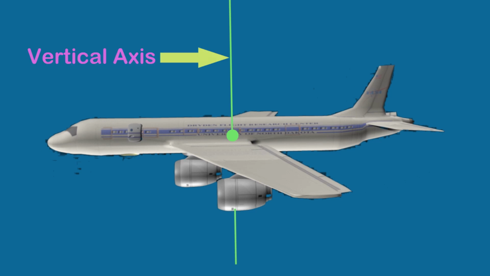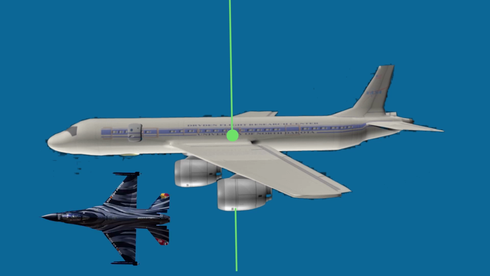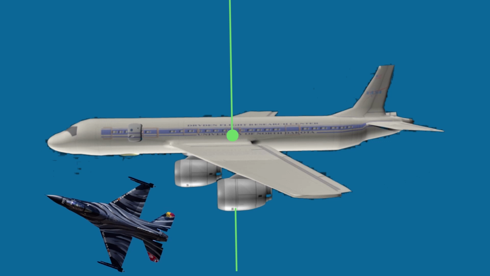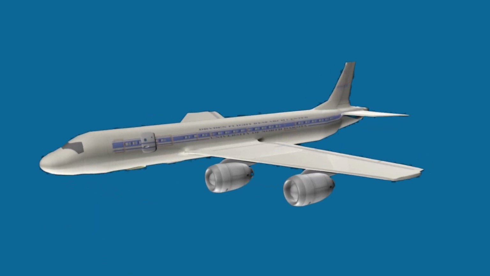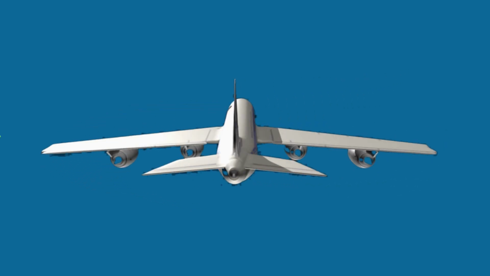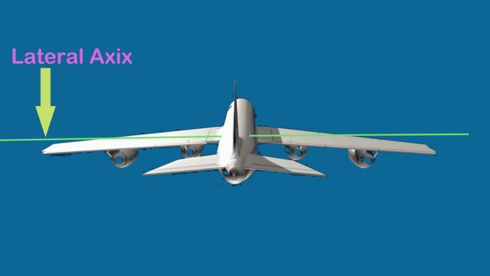Aircraft's movement about its vertical axis is known as yaw. Another line which is parallel to the wing and through the CG is known as lateral axis. The aircraft movement about its lateral axis is known as pitch.